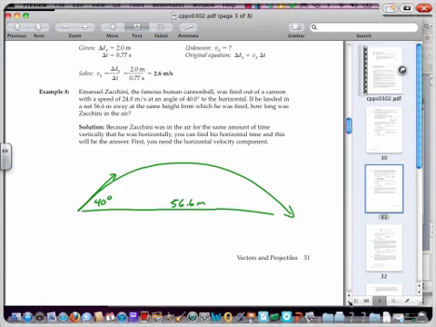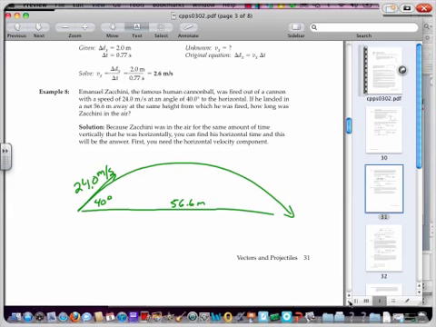And he's fired with a speed of 24 meters per second. Now, one of the key things on the test, or anytime we do these, is to write your diagram, start your work, show what you're given, figure out what you want to have. What are you trying to find?